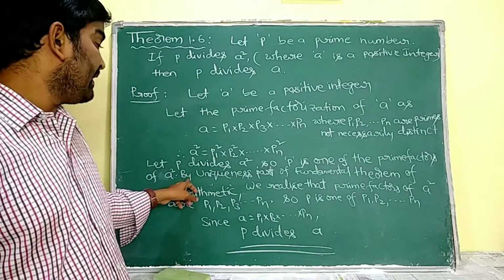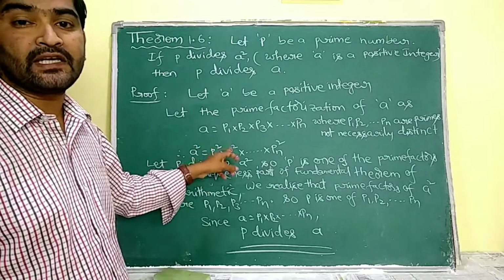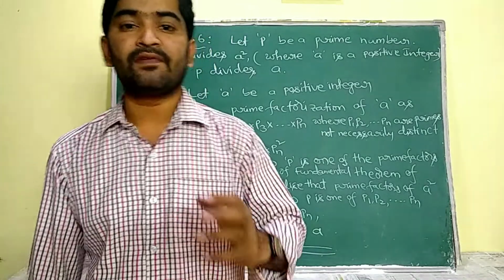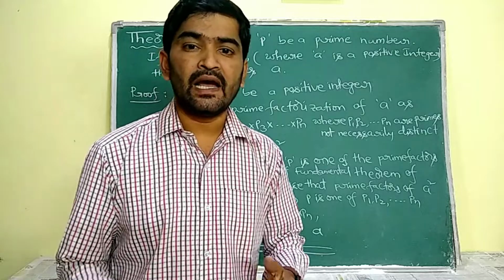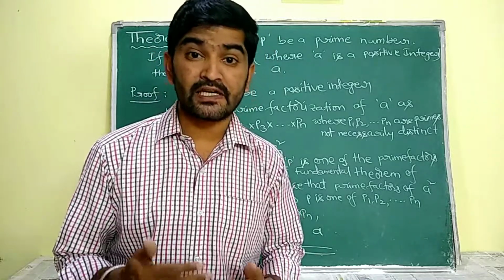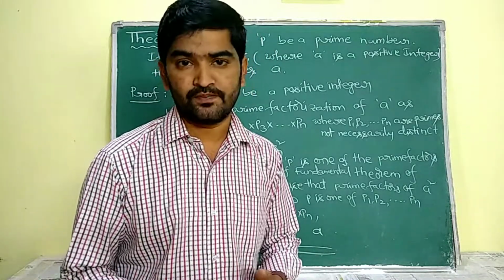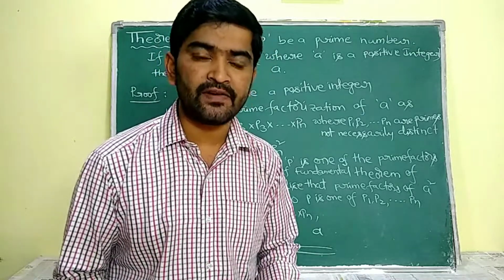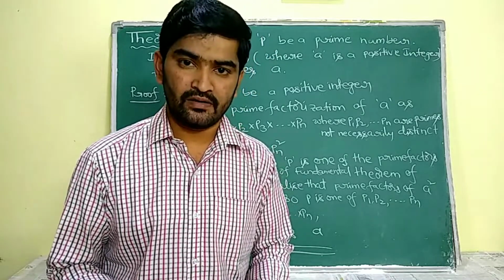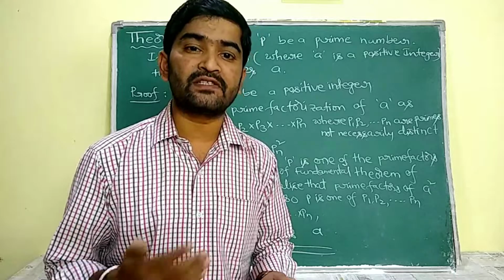Clear? By the uniqueness part of the fundamental theorem of arithmetic, which says any composite number can be expressed as a product of prime numbers, that is, a product of prime factors, in a unique way, apart from the order in which they occur.